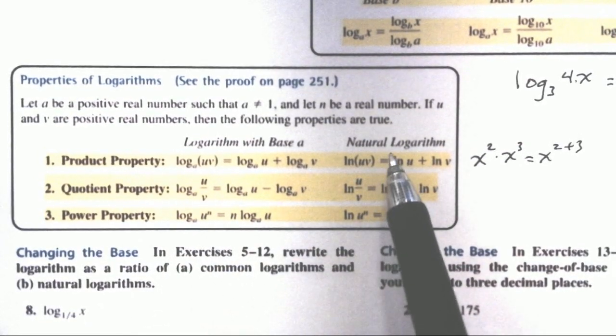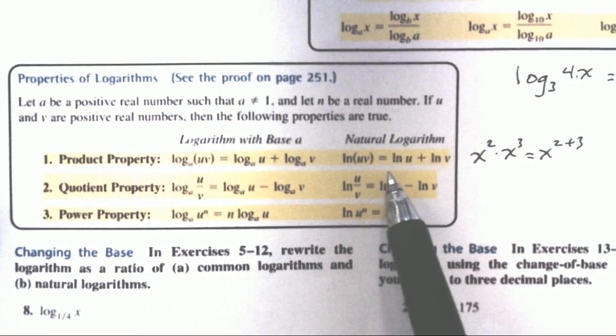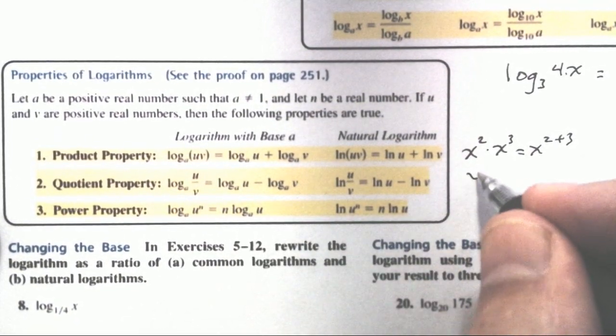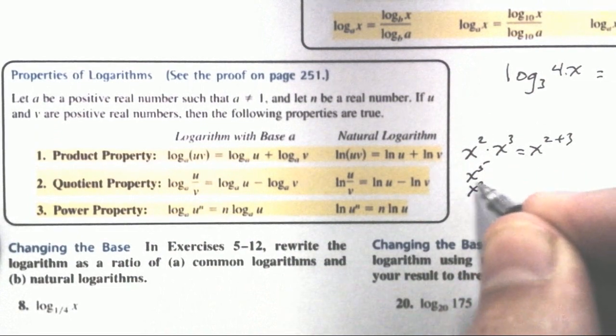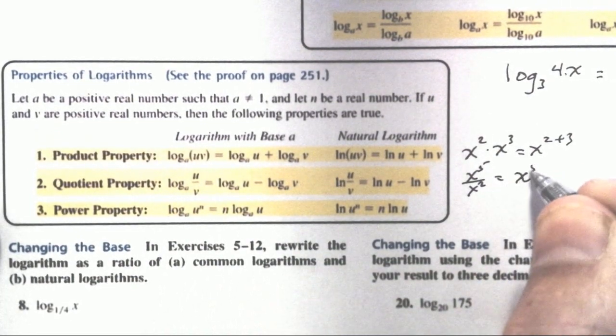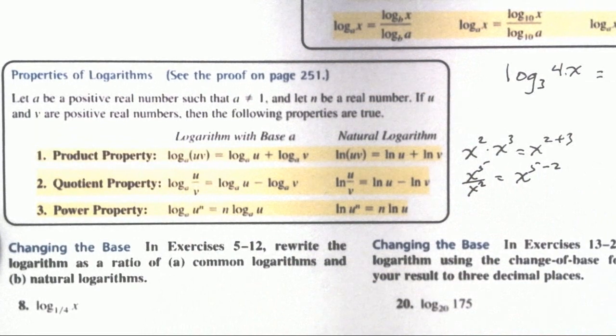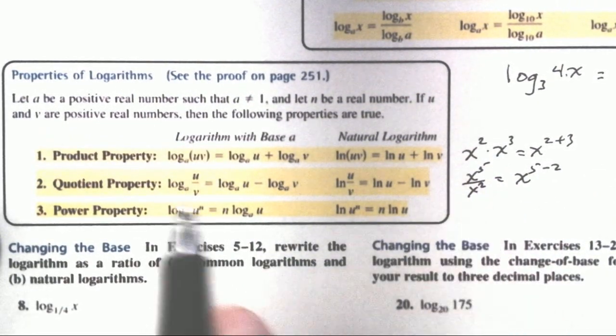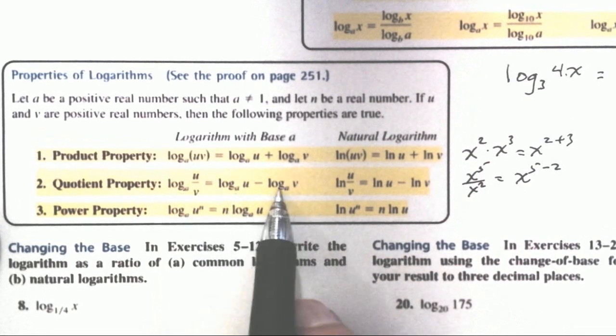Okay, and then natural log works the same way. When do we subtract exponents? Well, if I had x to the 5th on x to the 2nd, I would get x to the 5 minus 2. And when do we subtract exponents? When we have a quotient with common bases, we subtract the exponents.